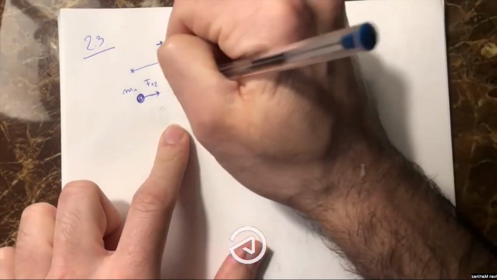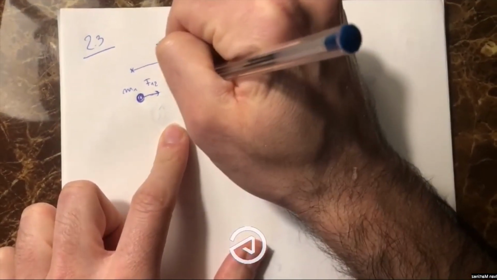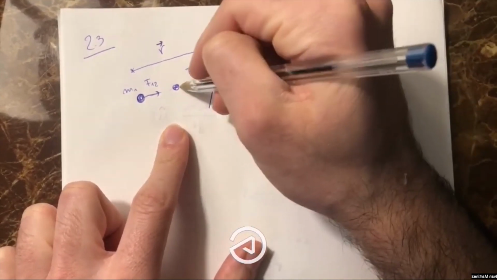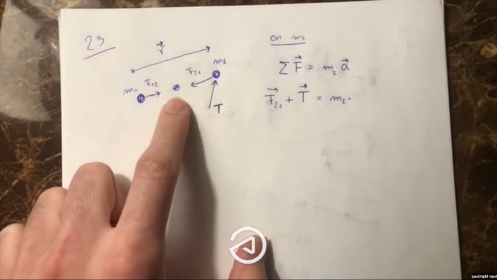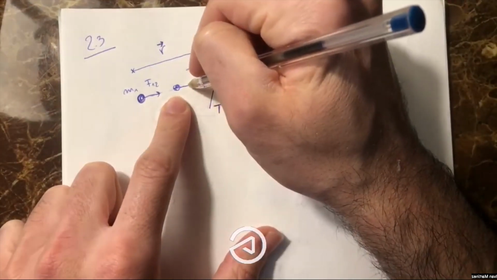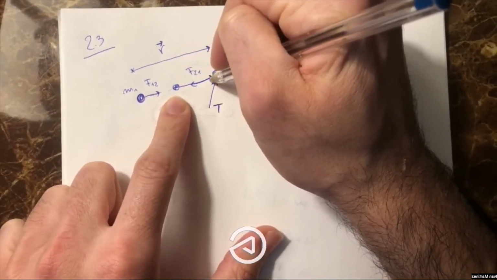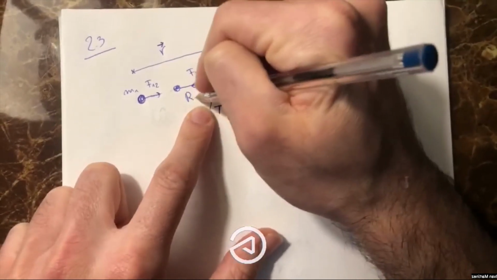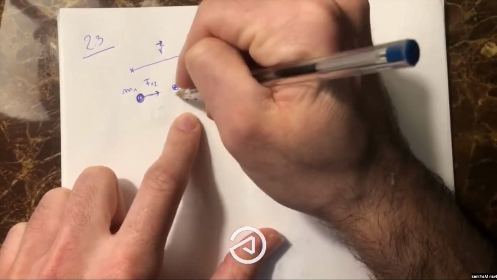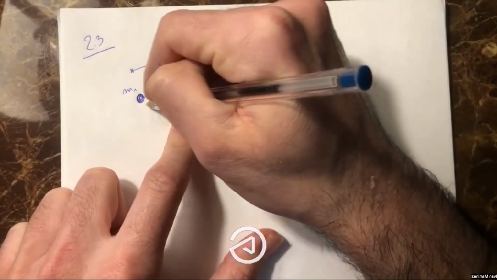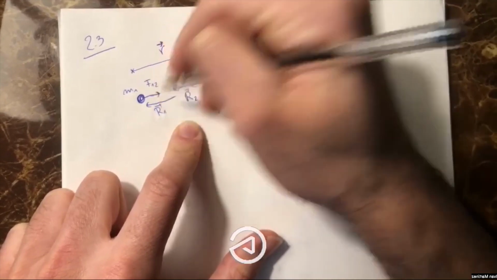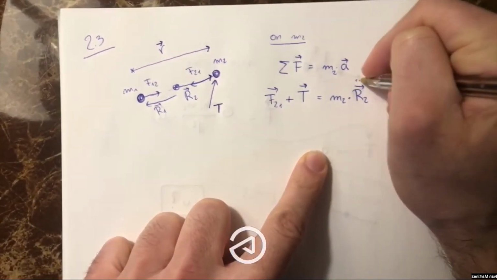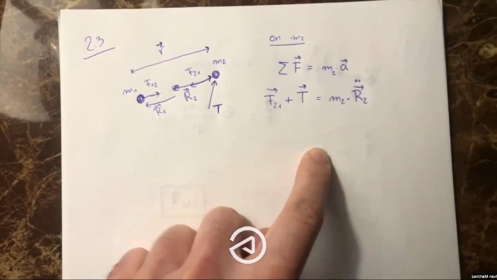Let's look at the inertial frame to start, the one centered at the center of mass. So how did we call the distance between the center of the reference frame and each mass? We used capital R. So we have capital R2 there and capital R1 here. So this is going to be R2 double dot because it's the acceleration, right?